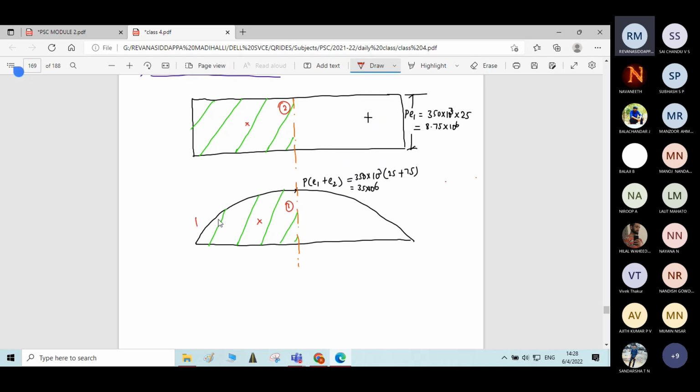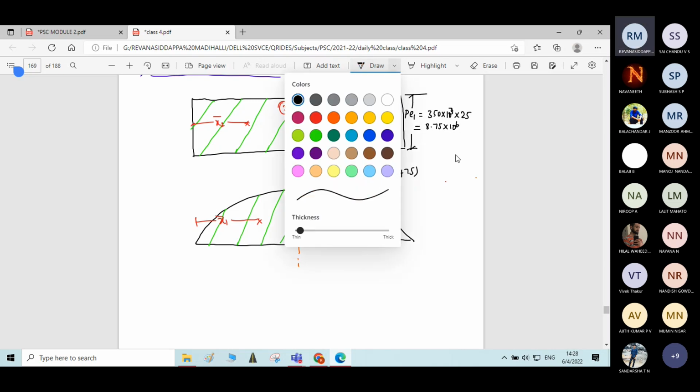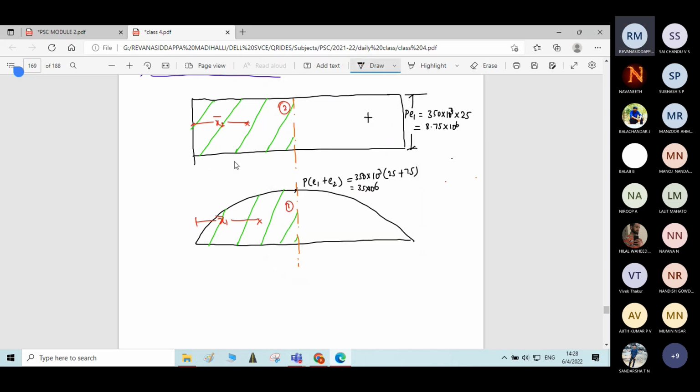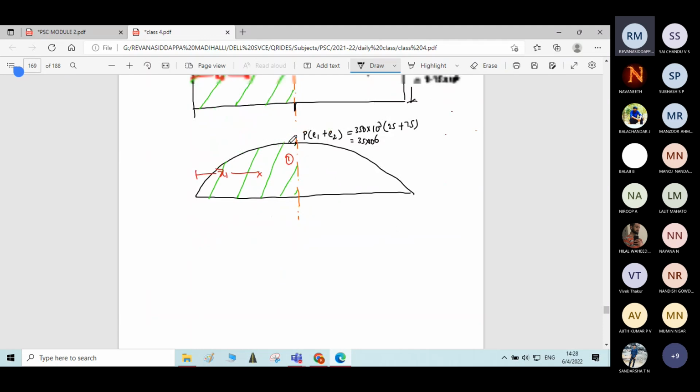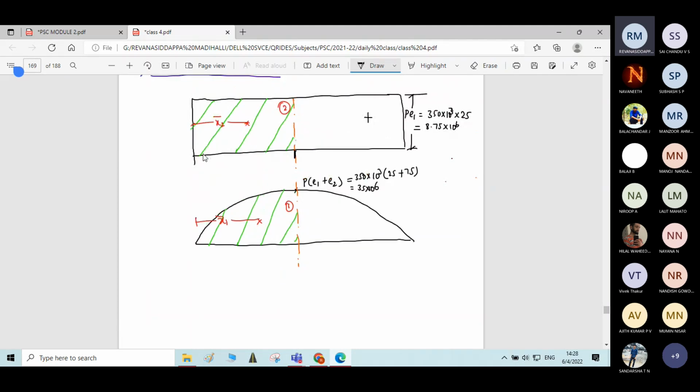So here it is x1 bar and x2 bar. And this length is how much here? See, total length of the beam is 8 meter, about 8,000 mm. So half of it is 4,000 mm. Here also it is 4,000 mm.